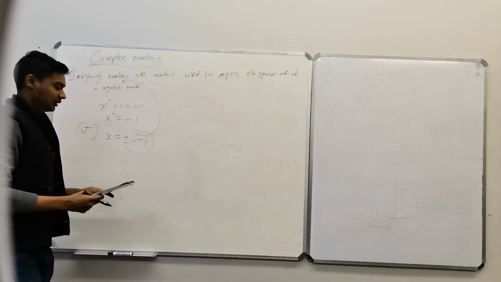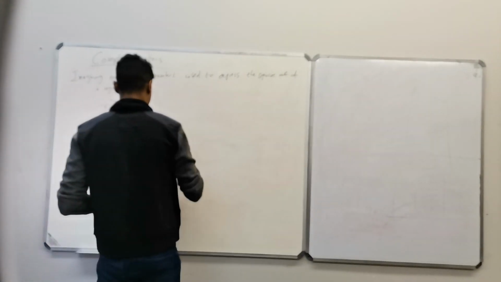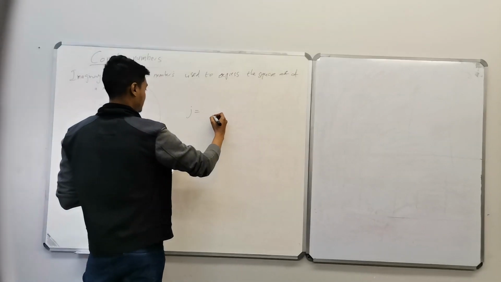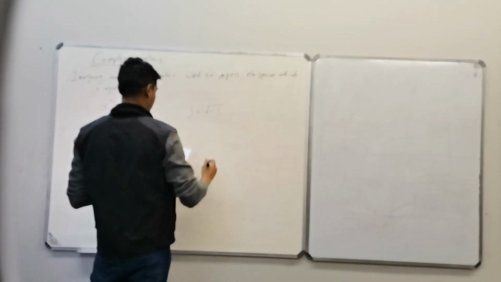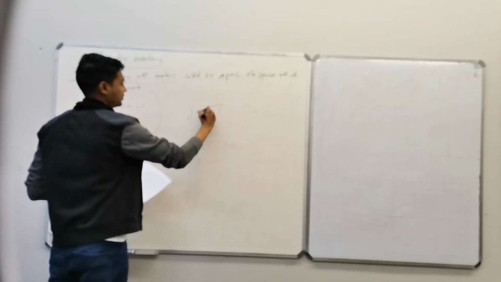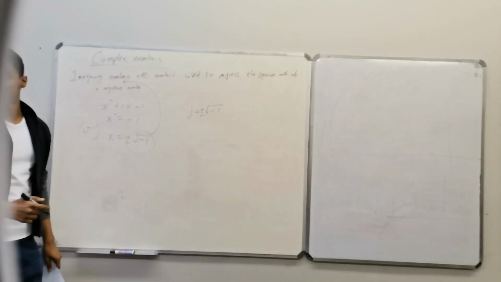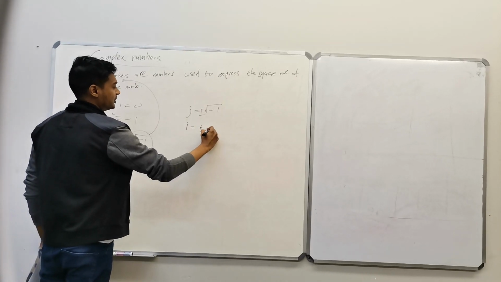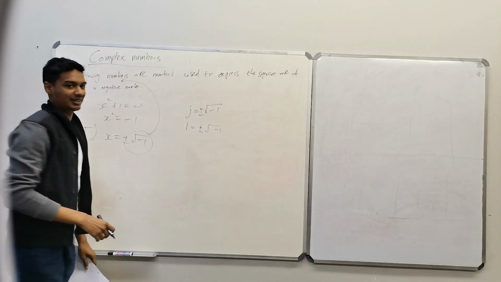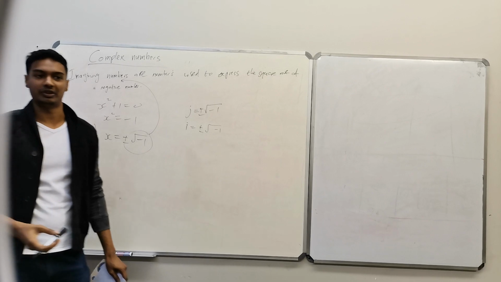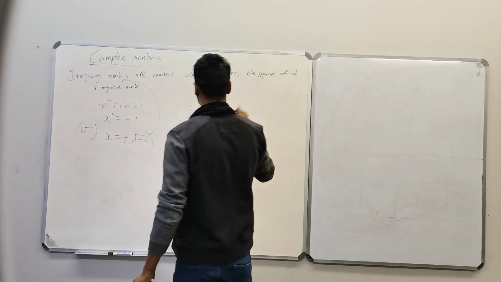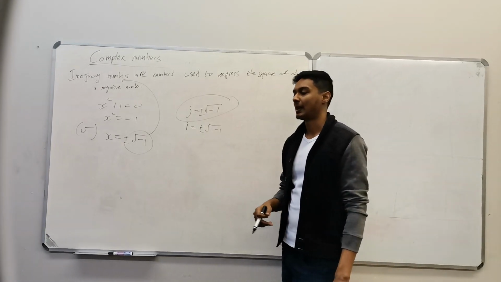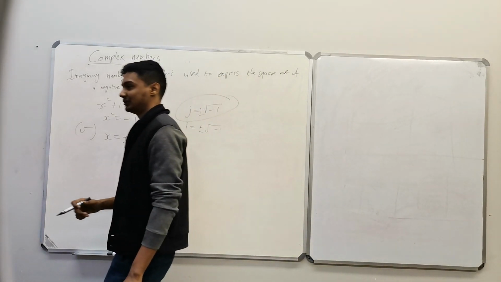To represent this, we say j equals plus or minus the square root of negative one. The mathematicians use i. Sometimes in the test they might just say i, so don't get too shocked about that. But as engineers, we use j most of the time. j is the same as i.